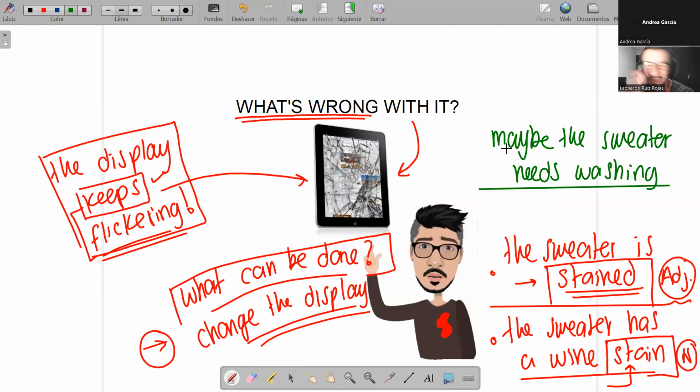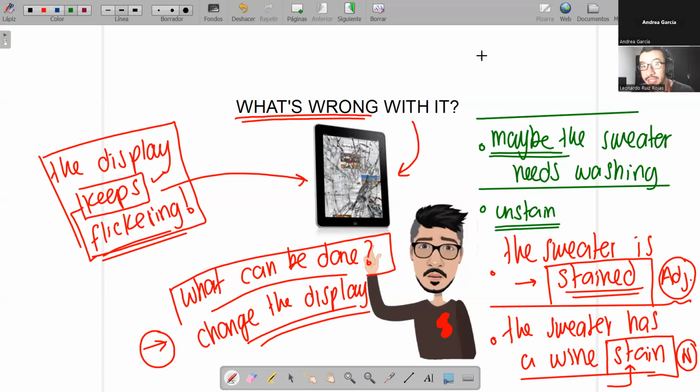Why maybe? Because the wine stain is a difficult one. So maybe, teacher, how do you say desmanchar? Like unstain, I would say. Okay, unstain. Or maybe rubbing.